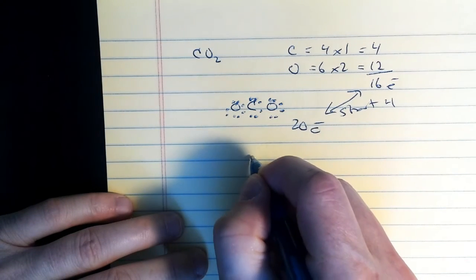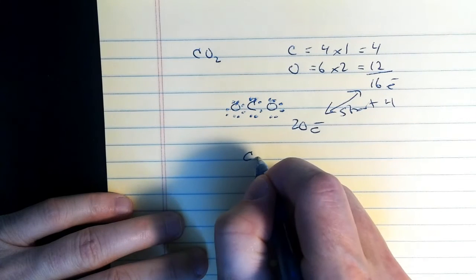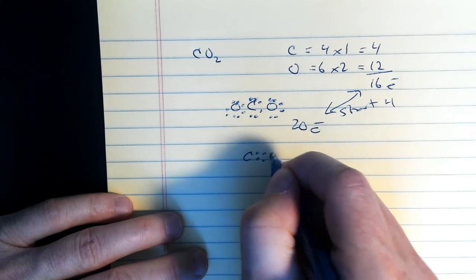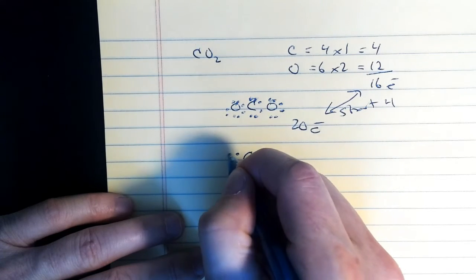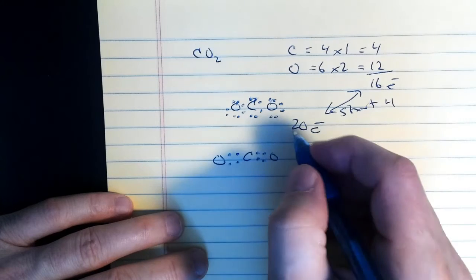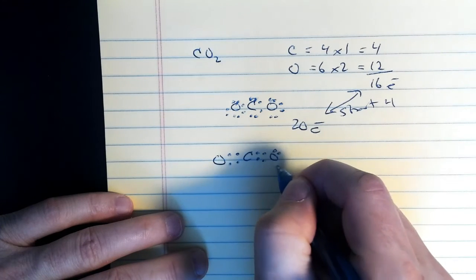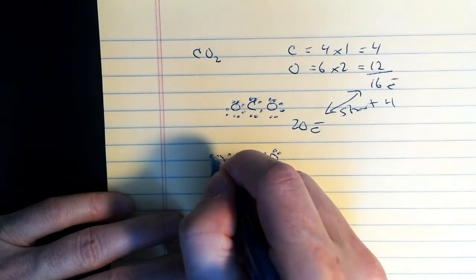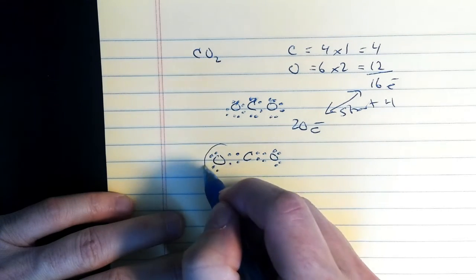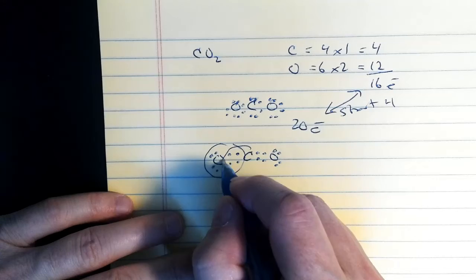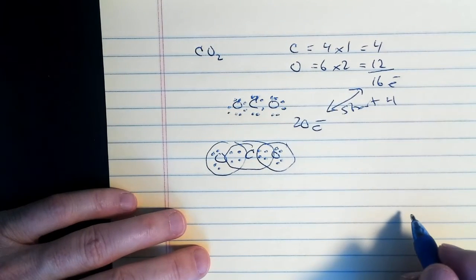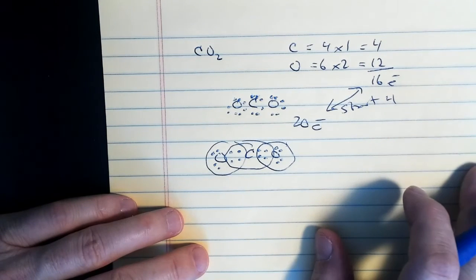So we'll put in 2 double bonds, like this. So carbon's already satisfied. Now this guy's got 8, like that. Carbon's got 8. 8. So they're all satisfied.